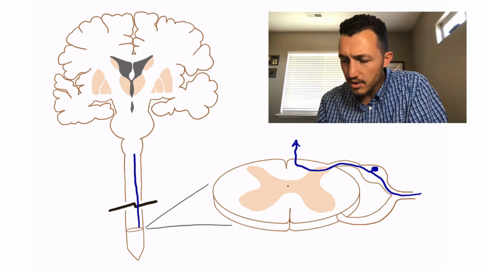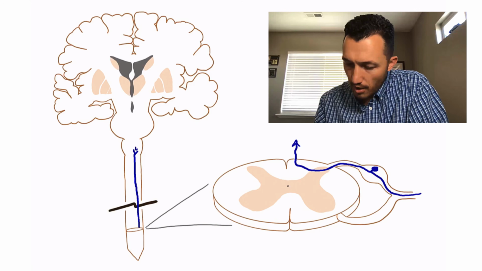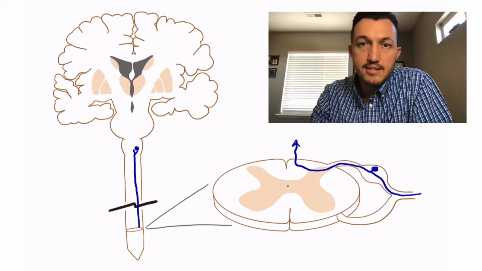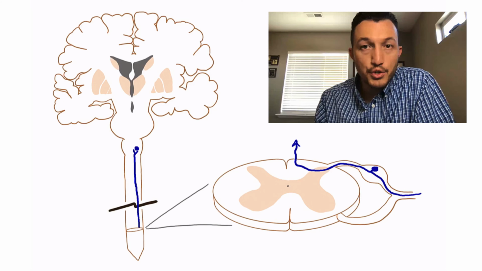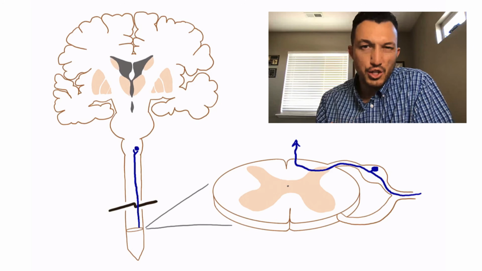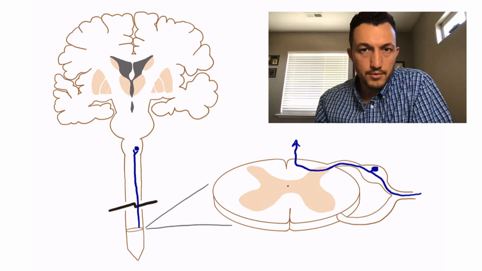And at that level, it's going to synapse on a second order neuron, the cell body of a second order neuron. Now these cell bodies reside within two different nuclei, or collections of cell bodies, called the gracile and cuneate nuclei. They're within the medulla, the lower medulla.